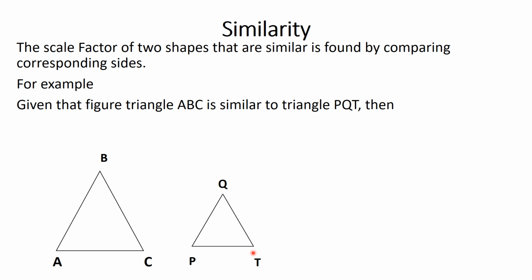So you can compare AB and PQ, also BC and QT, also CA and PT. I made a mistake earlier, CA is supposed to be with PT. It depends on what you have been given. Due to time, we're just going to take a look at one example, and after that maybe you'll be able to understand how to tackle such questions.